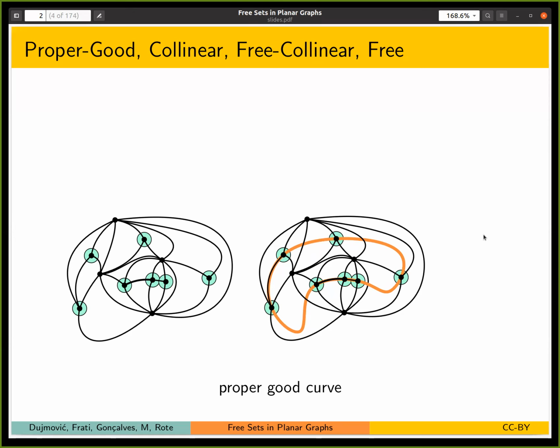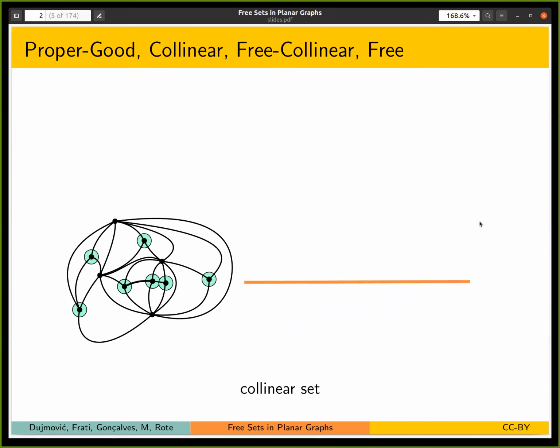That's all I want to say about those. And this definition of proper and good is basically saying that the curve, in the way it interacts with the edges, behaves the way that a line behaves when it interacts with line segments. So then it's natural to look at a similar definition.